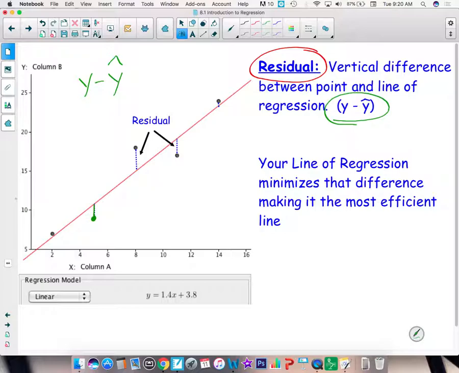Y hat we calculate with our linear regression equation. Your line of regression minimizes the difference, making the most efficient line, so you want your residuals to be smaller. We'll just say the smaller the residual, the better fit the line.